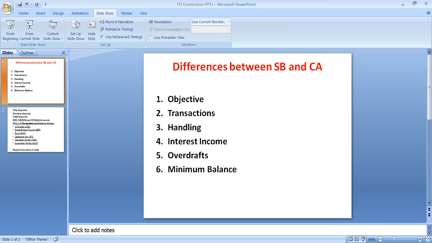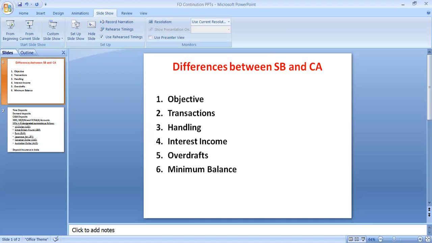Well, now come to the second difference with regard to saving bank account and current account, which is all about the transactions. So as far as transaction is concerned, usually saving accounts have low transactions while current accounts have large transactions.